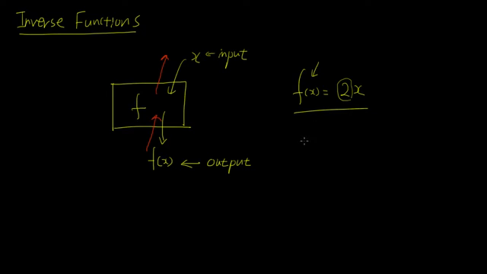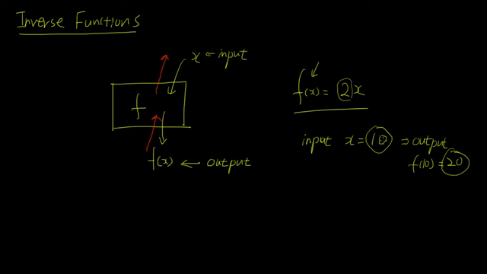Let's say input value x equals 10. The output value is f of 10, which is 2 times 10, equal to 20. So input value is 10, output value is 20.